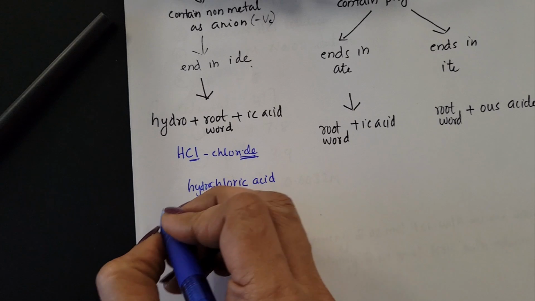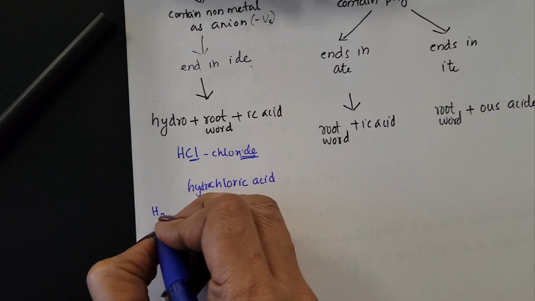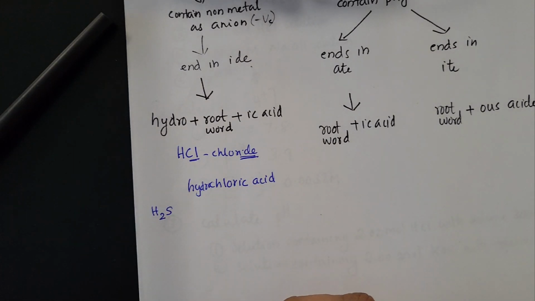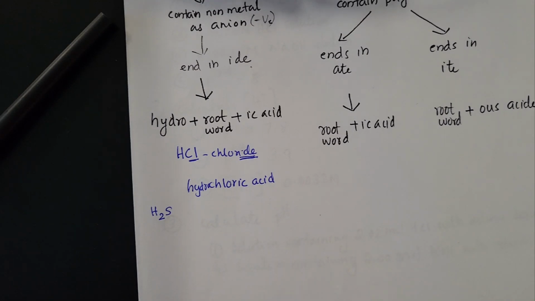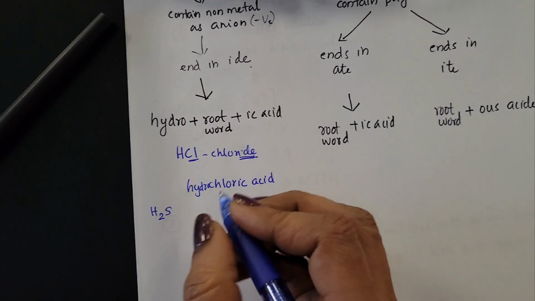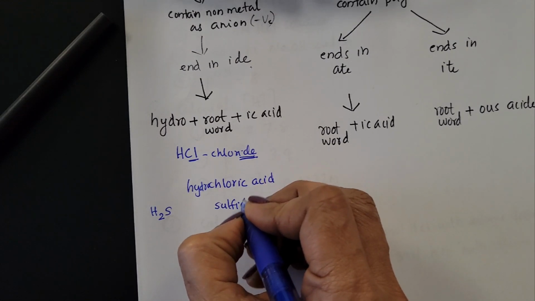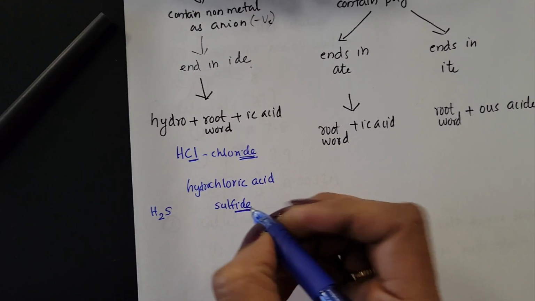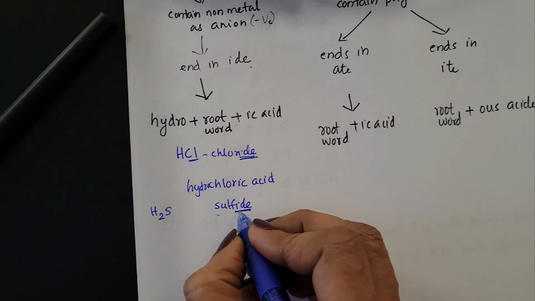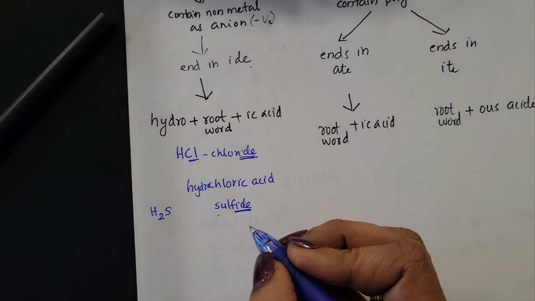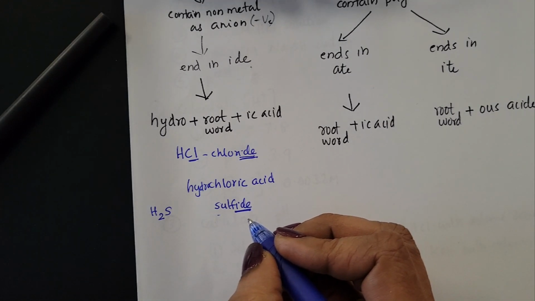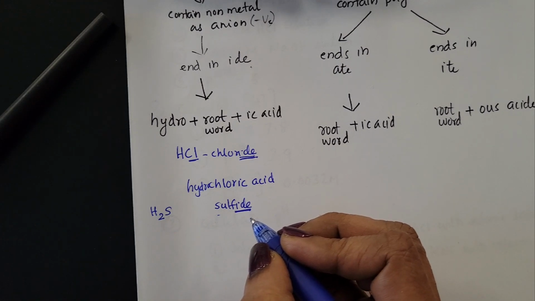Okay, another example which is H2S. I took this example because there is an exception for sulfur and phosphorus. So it is sulfide. Normally the root word is sulfur and you would replace IDE with IC, making sulfic acid.